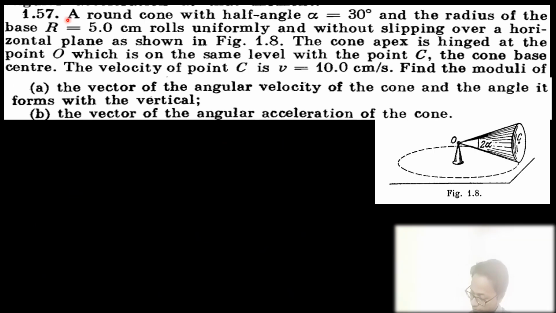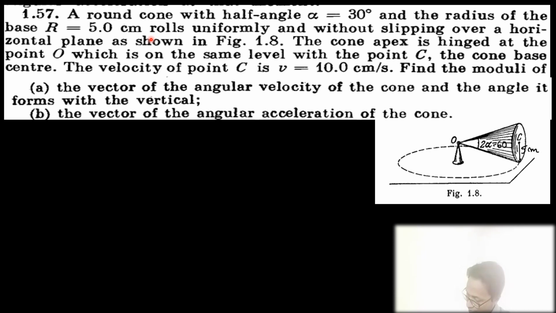Now let's read the question. A round cone with half angle alpha equal to 30 degrees. That means half of this angle is equal to 30 degrees. The entire angle is equal to 60 degrees, or 2 alpha is equal to 60 degrees, of radius r equal to 5. So that means this radius is equal to 5 centimeter.